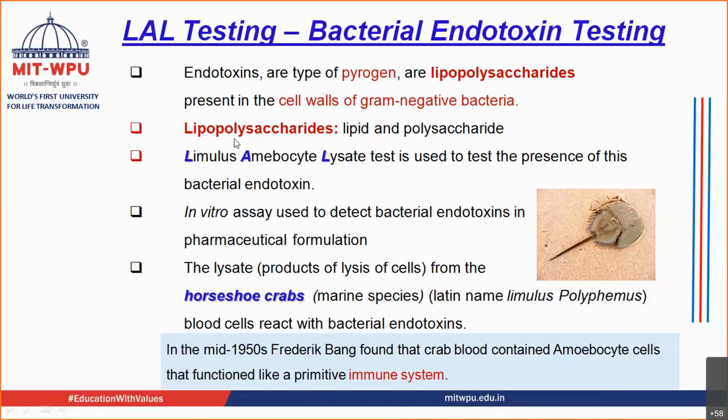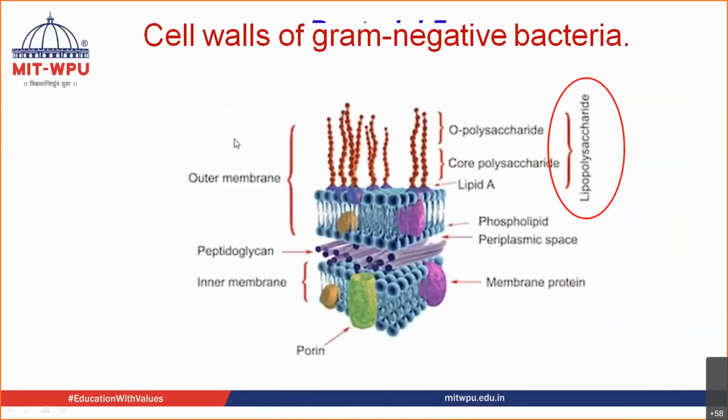Let us see over here. This is the cell wall of a gram-negative bacteria. It contains this lipid, can you see this lipid? And it contains polysaccharides. These are the polysaccharides that are present.